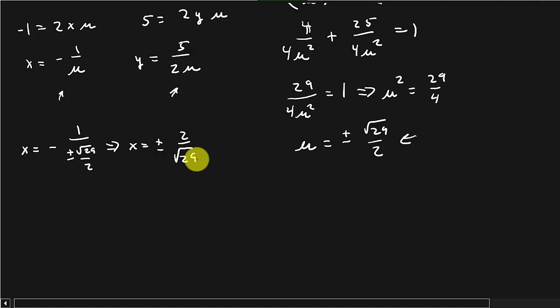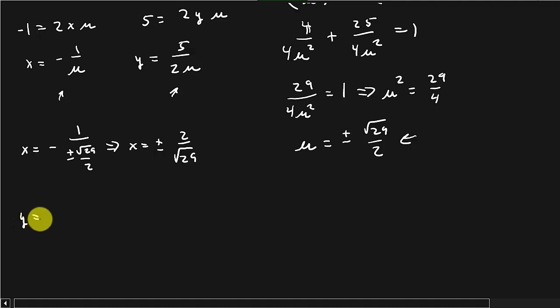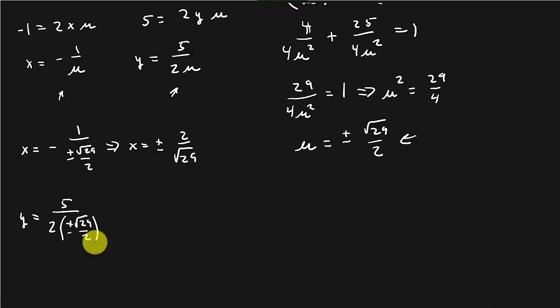All right. And then I've got y is equal to 5 over 2 times plus or minus square root of 29 over 2. And hang on just a second. I made a mistake up there with the x.